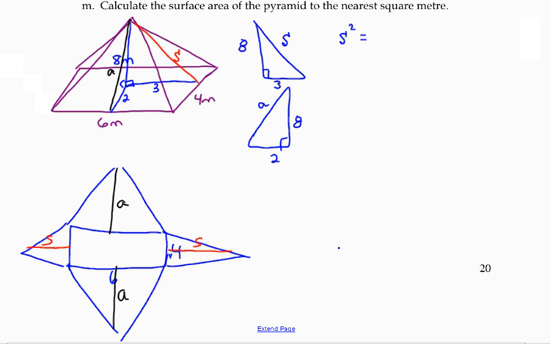Okay, so let's find S. So S squared is going to equal 8 squared plus 3 squared. Square root both sides. So S will be 8.5.